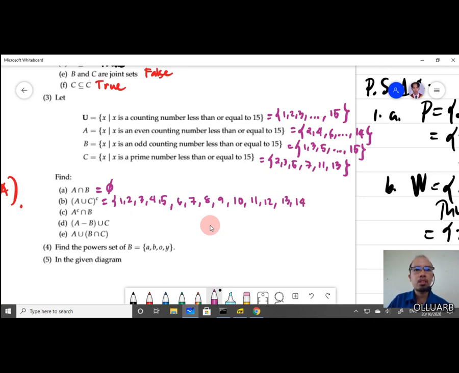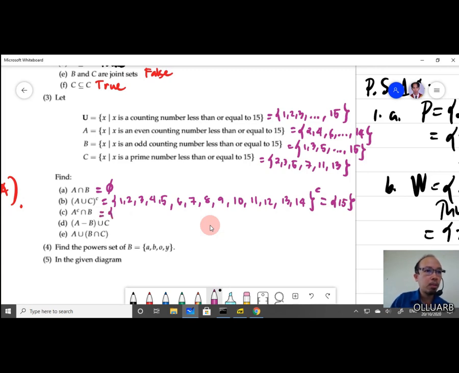Okay, only. So the complement of this set is the set of all elements in the universal set that do not belong to this set. So the answer is the set containing only one element, which is 15.